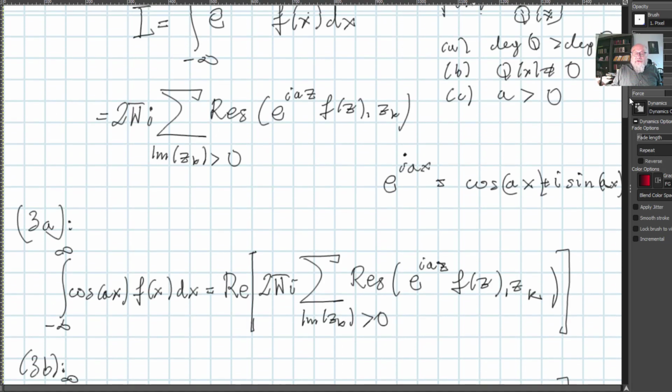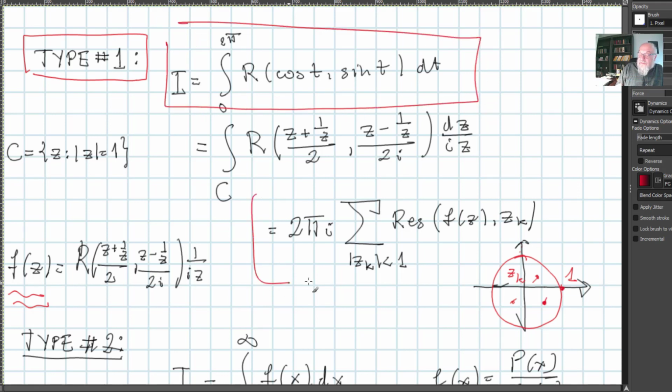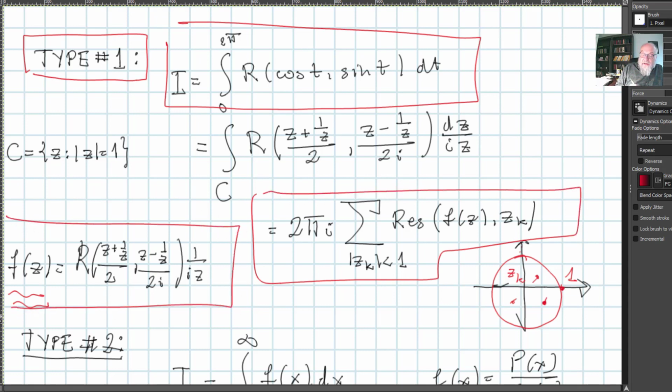This is what we have. We have here these formulas, more than three, actually it's five. So first of all, you have the integral of this type, and you have to understand that that one is the formula that allows you to compute type 1.